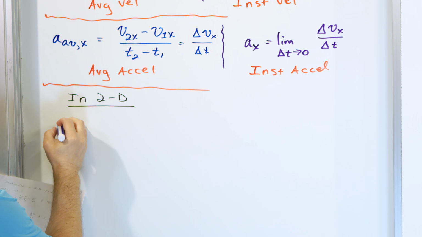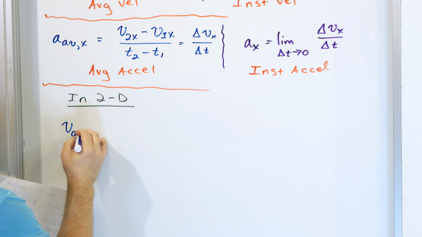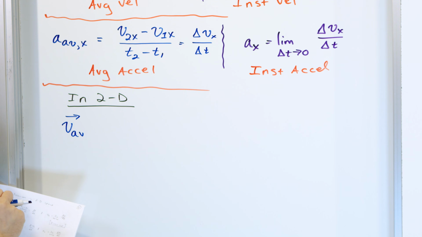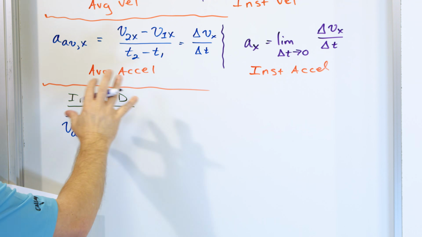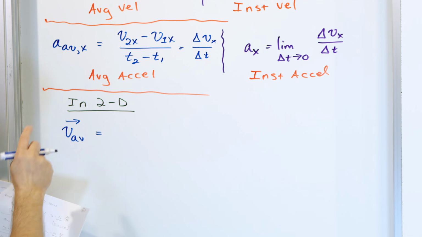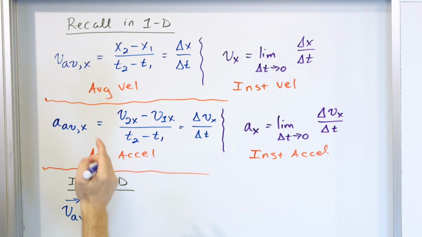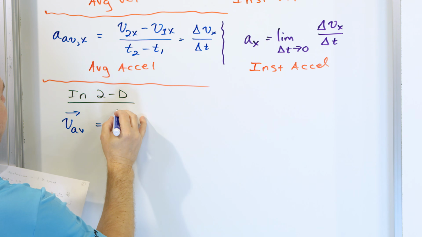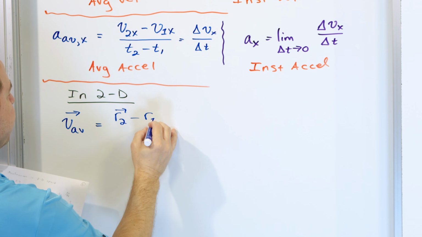Then we just talked about in the last lesson that the average velocity is now a vector quantity, and we don't put x direction anymore. This is the total average velocity, and in x and y directions kind of mixed together. And it's a final minus initial position, just like we did here over the time, but since it's in 2D space, we have to talk about vectors. Final position vector minus initial position vector.